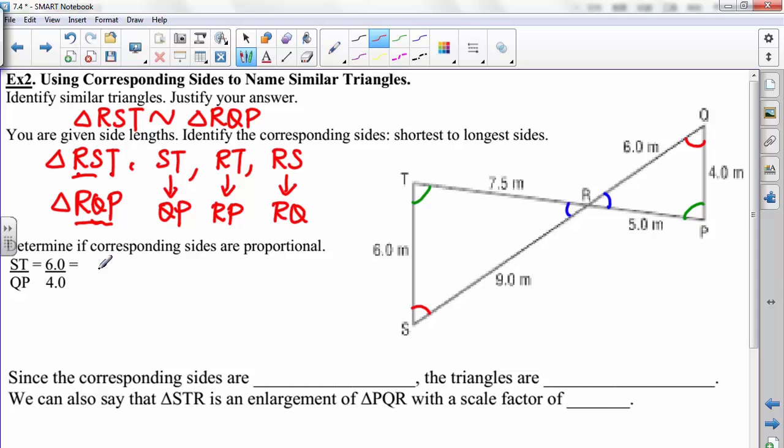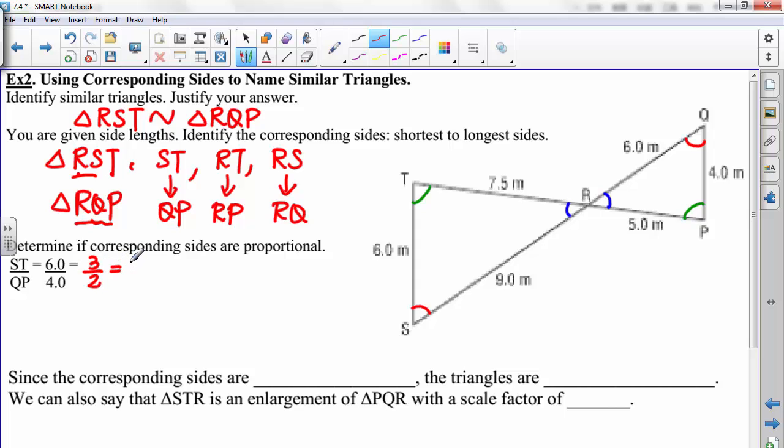So right now, let's determine if those corresponding sides are proportional. The first pair is ST and QP. ST over QP equals 6.0 meters over 4.0 meters. We can cancel the meters and then reduce this fraction to the lowest term. This one is 3 over 2.